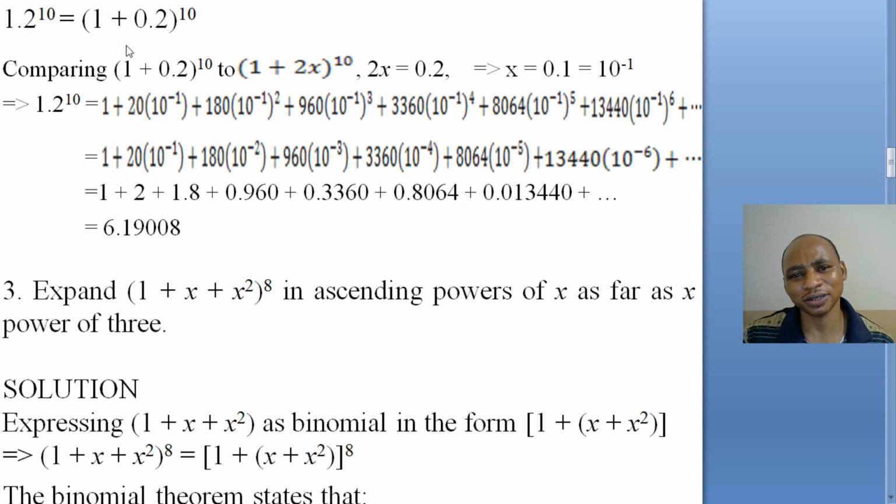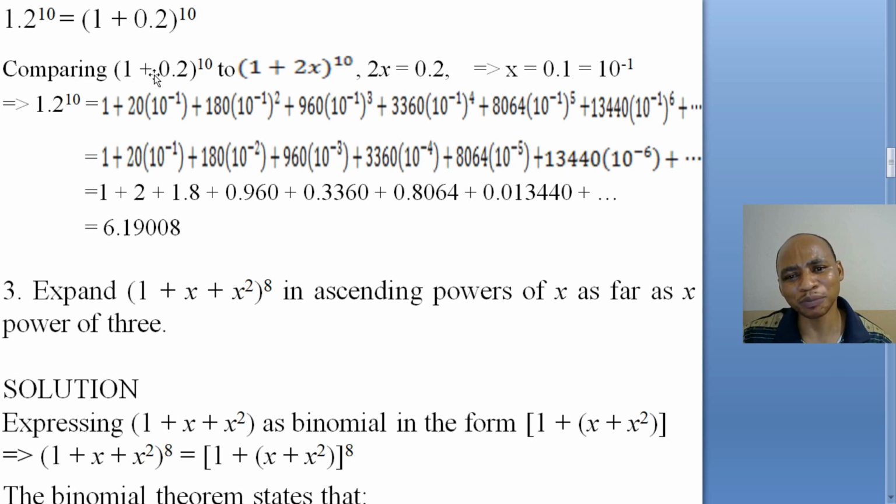And by this, we will get 1.2 raised to the power 10 being equal to 1 plus 0.2 all raised to the power 10.